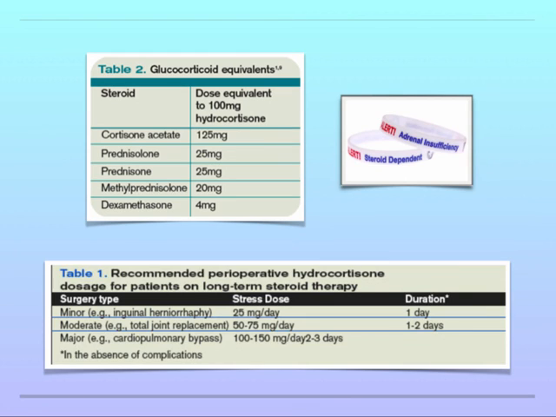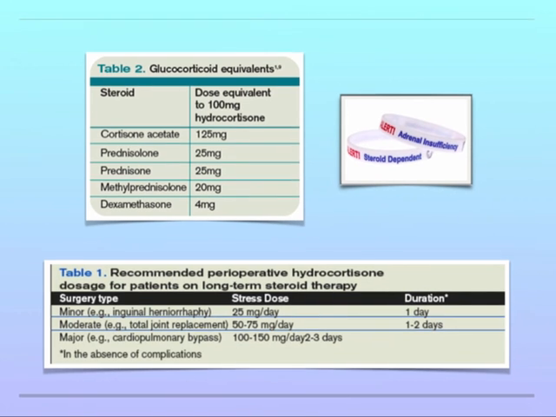If it's a major surgery, such as open heart surgery, the patient requires a significant amount more. So they'd be at like 100 to 150 milligrams for 2 to 3 days. So it kind of depends on what's going on with the patient. But it's important that these patients understand that they have to do this in order to make sure that they don't go into that acute adrenal crisis where they don't have any of these steroid hormones left.